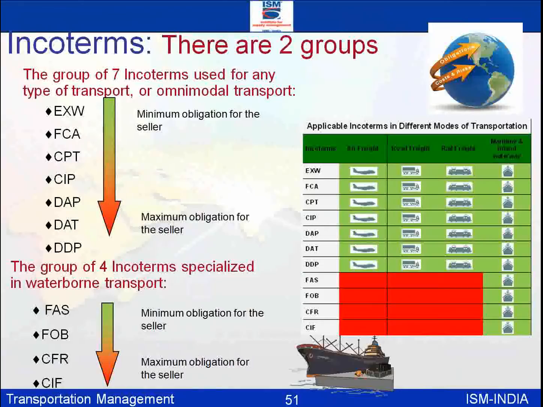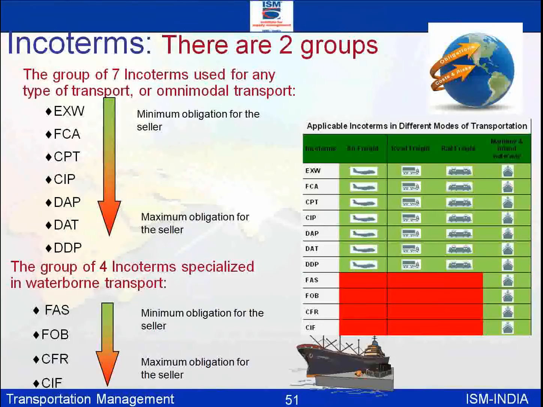Now you can see, moving from the top, EXW going up to DDP. On the top is the one where you have minimum obligation for the seller. The seller will say, guys, take the goods, give me my money. While when I go to DDP, there is maximum obligation for the seller.